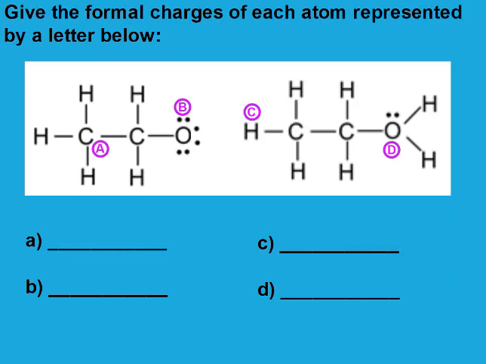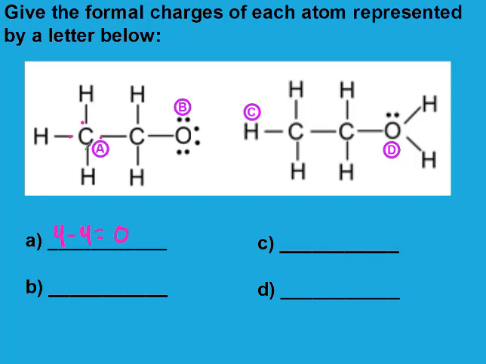Here's some more practice for formal charges. Go ahead and do A, B, C, and D's formal charges. Restart when you're done. Structure A, carbon had 4. It currently has 4, so it had a formal charge of 0.